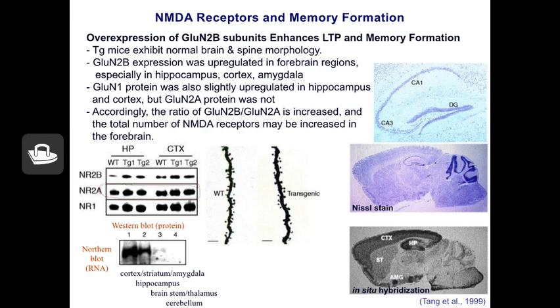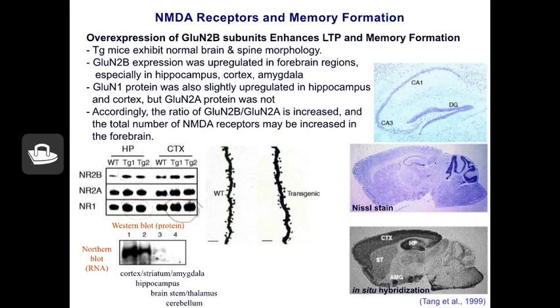So this suggests that overall, we've got an upregulation of GluN2B subunits in the transgenics, and we've got an upregulation of the GluN1 subunits, which suggests that we perhaps even have an overall increase in the number of NMDA receptors expressed in cortex and hippocampus of these animals.